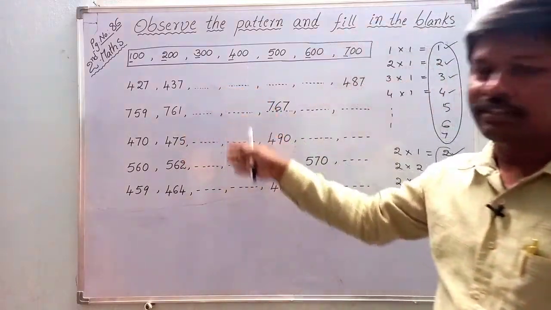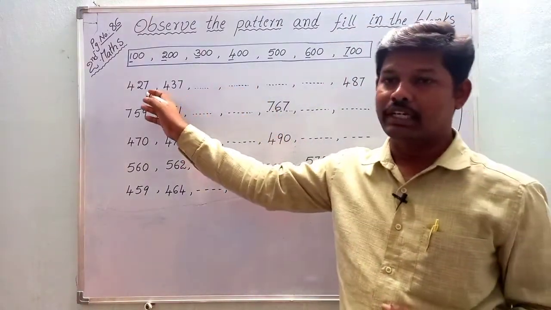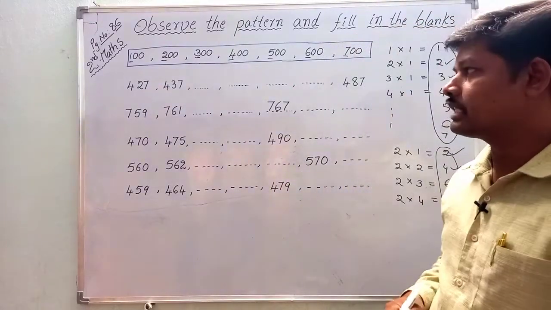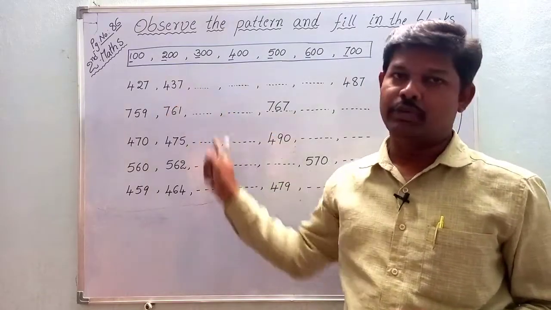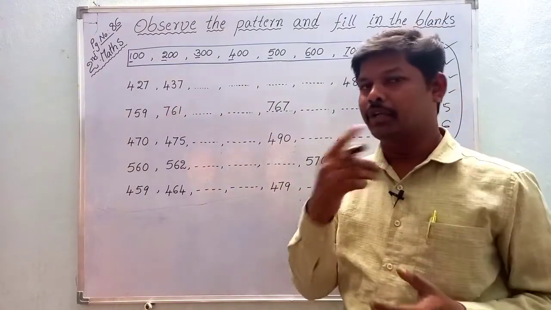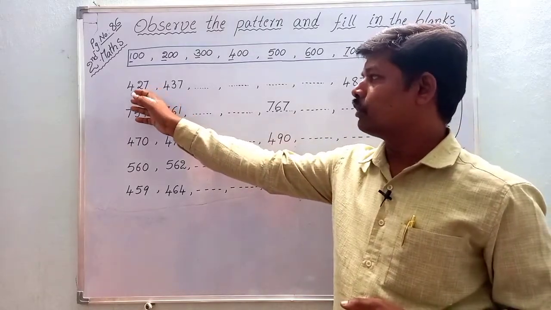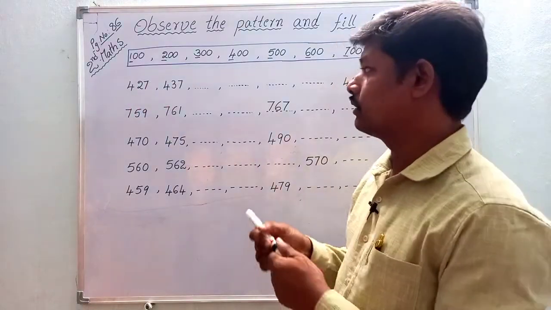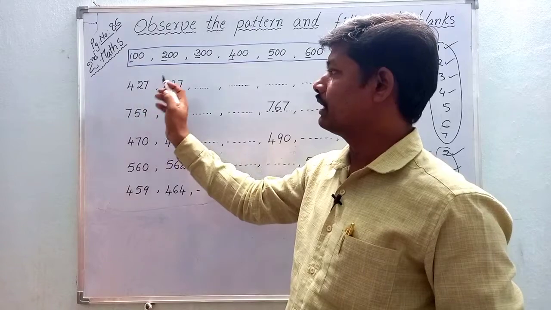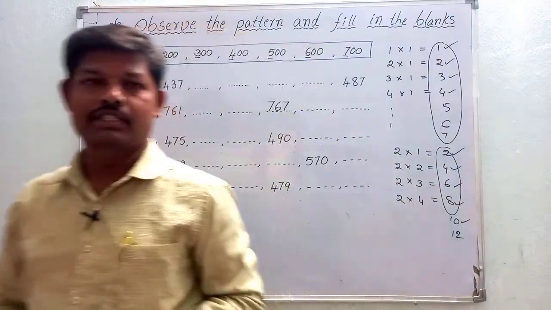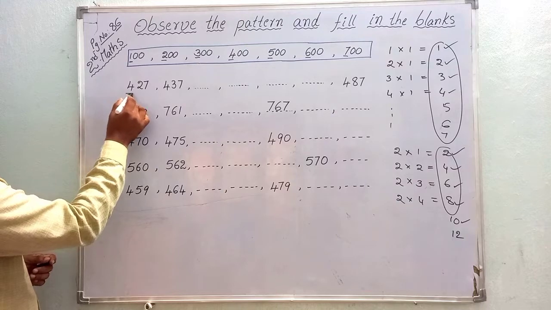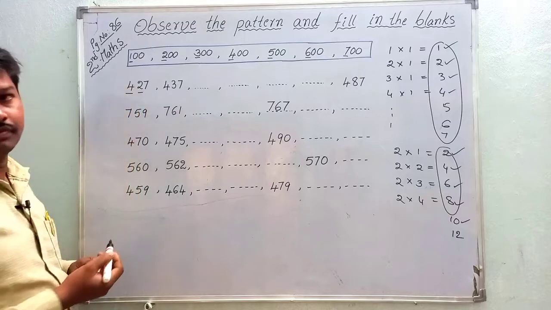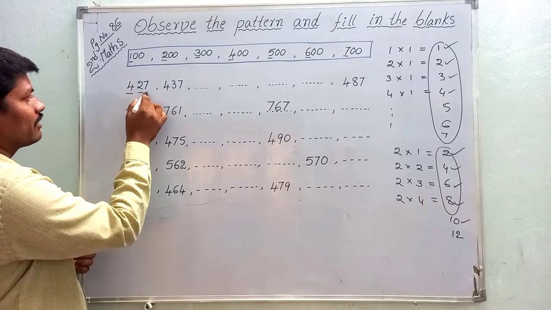Now I will explain these patterns. Let me explain the second one. Those who have the textbook, you can observe the textbook and at the same time observe here carefully and understand, then you can write. Observe here 427. That means in the hundreds place 4 is there, in the tens place 2 is there, and in the ones place 7 is there. We have 3 digits.